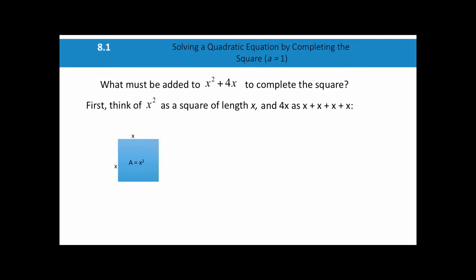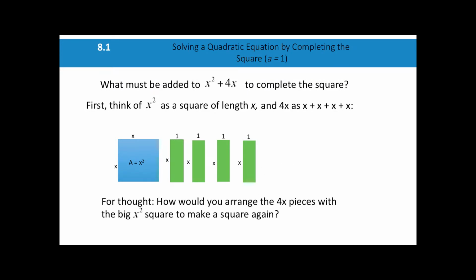And I want you to think of 4x as x plus x plus x plus x. So that means we're going to have 4 smaller rectangles, since they're not squares, of length x by 1. So I have 4 of those, which gives me the big x squared, and 4x is made up by those individual x by 1 rectangles, 4 of them.